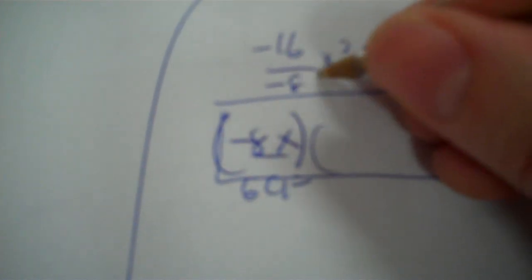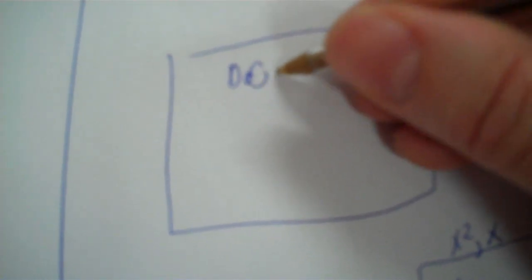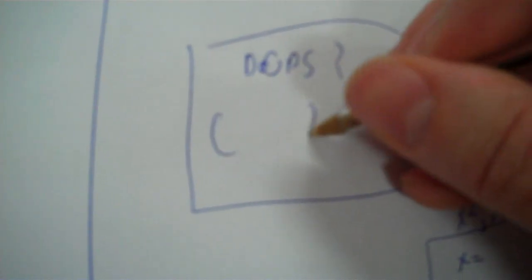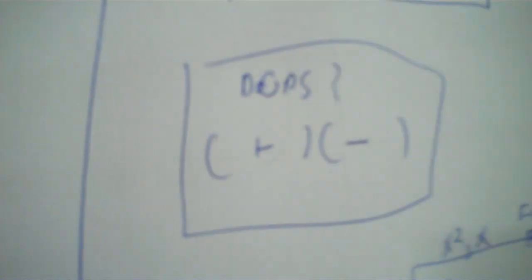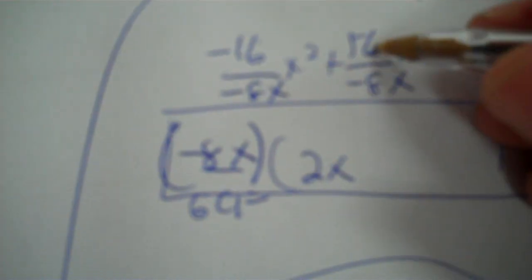So then I go up and divide by negative 8x, and we have 2x second divided by, oops, we got to set up the dots box just in case. Okay, so continue to divide. You have 2, and then x second divided by x is x, and then 56 divided by negative 8 is negative 7.